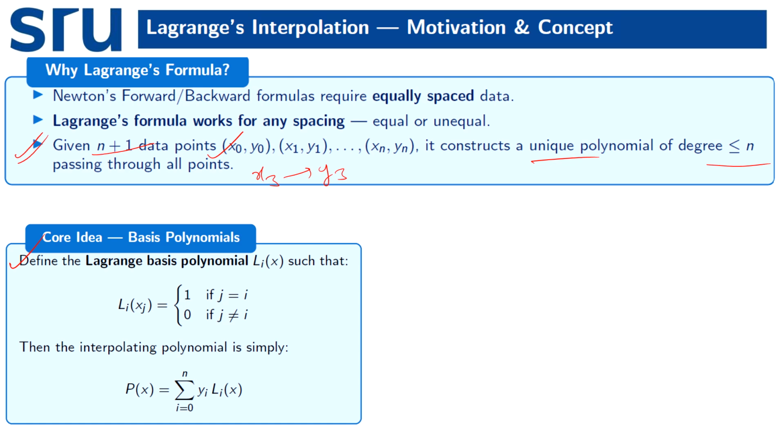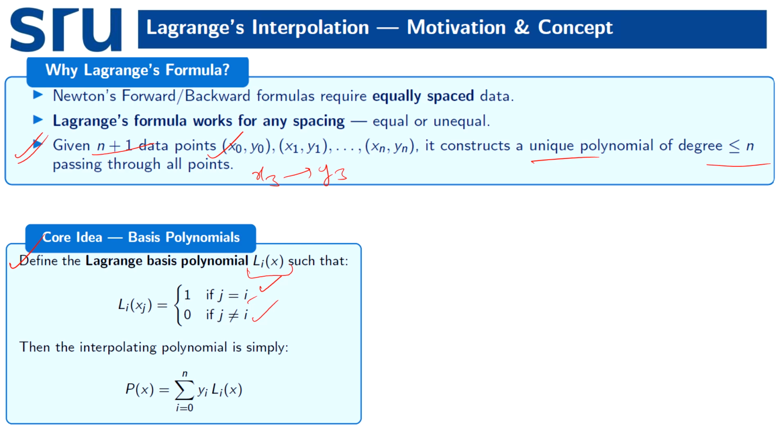They are denoted by Li(x), where i is in the subscript. Each Li is specially designed such that Li(xj) equals 1 if j equals i. If i and j are not equal, in that case it will be 0.